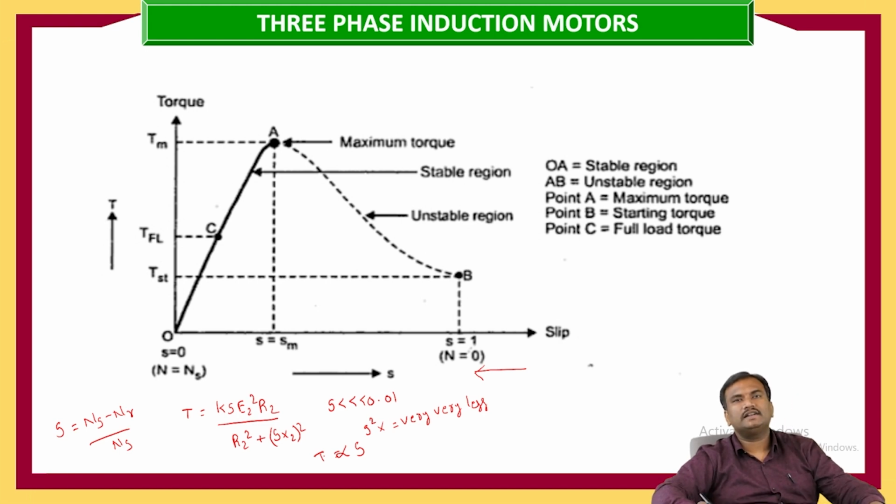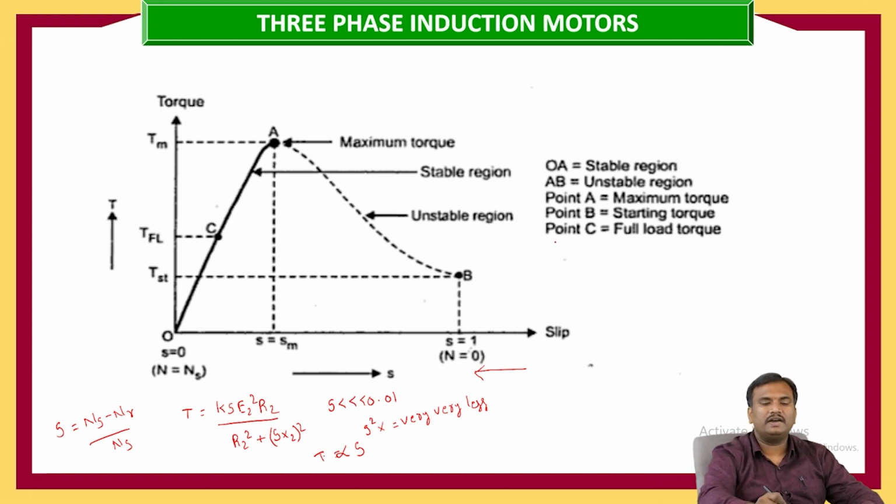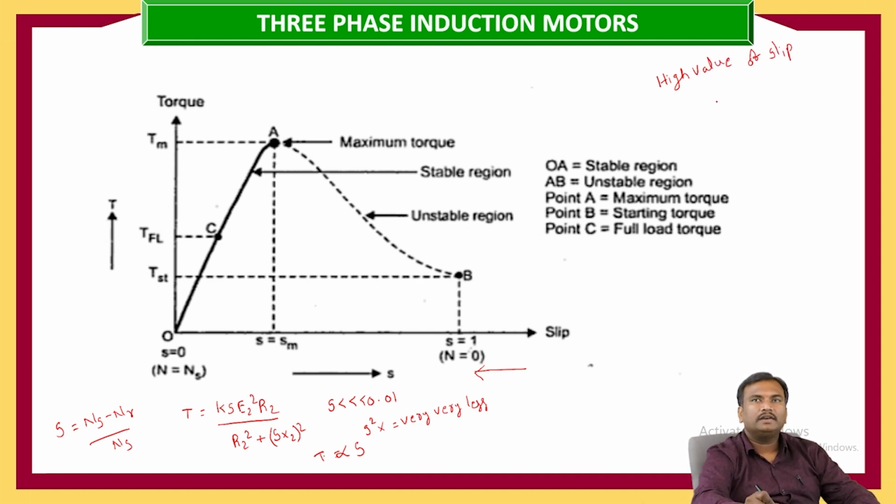Now let us consider the unstable region, that is when there is a high value of slip. When there is a high value of slip, here S X2 value is greater than R2. In this condition, we are going to neglect the R2 value.